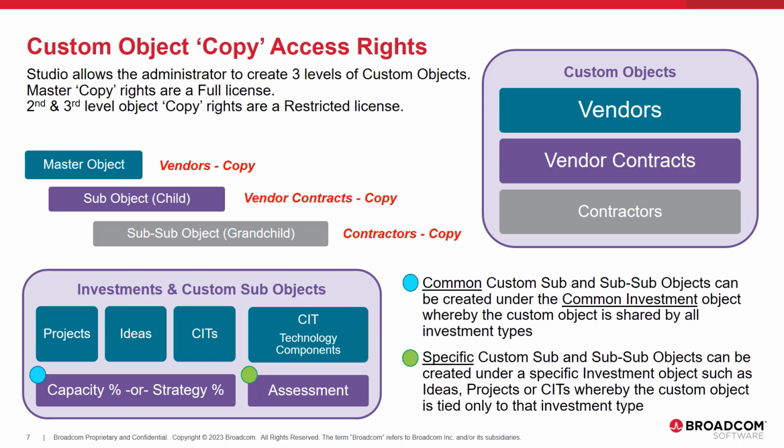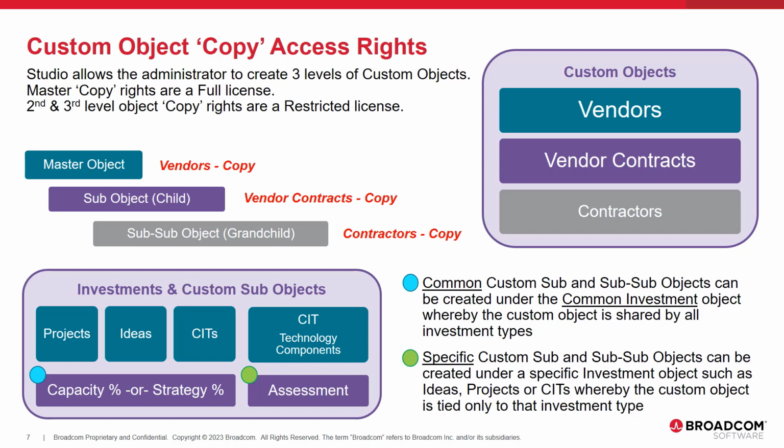When talking about investments and having custom subobjects, you can create the second level subobject under the common investment object, and when you do that, it is shared by all object types, such as projects, ideas, and the different custom investment types that you've created in your system.